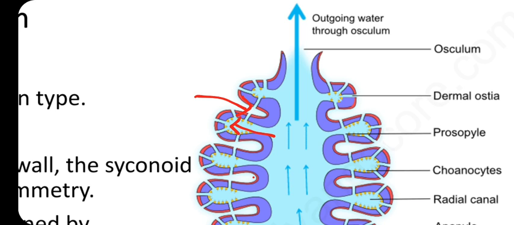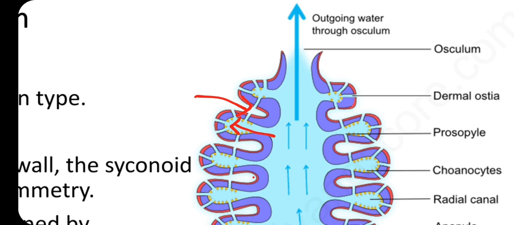Similarly, you can see it all around. What you find special is that radial canals are lined by choanocytes, flagellated cells, so it is called a flagellated canal, whereas these incurrent canals are lined by pinacocytes. There is no flagellated cell.